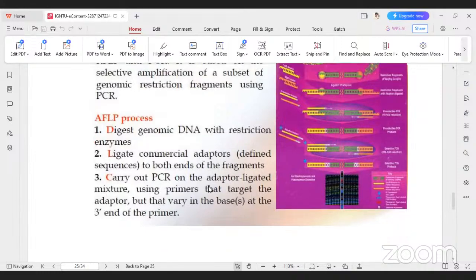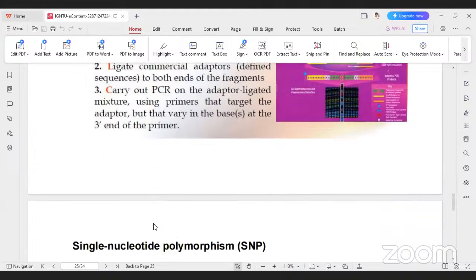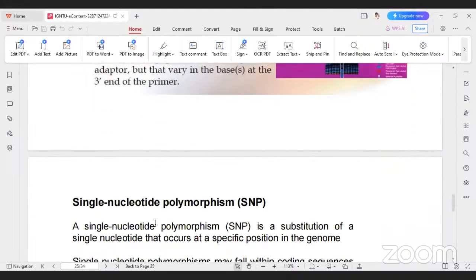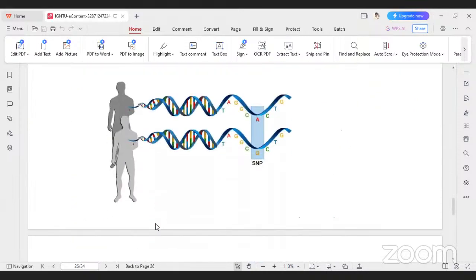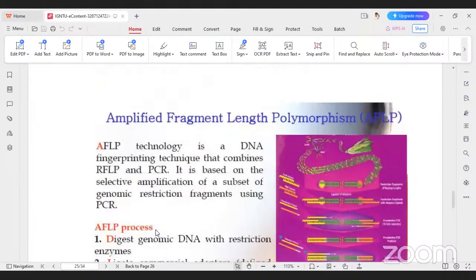Now carry out PCR on the adapter-ligated mixture using primers that target the adapter, but they vary in the base at the 3' end of the primer. Single nucleotide. I will explain later, but let us complete AFLP in two steps.